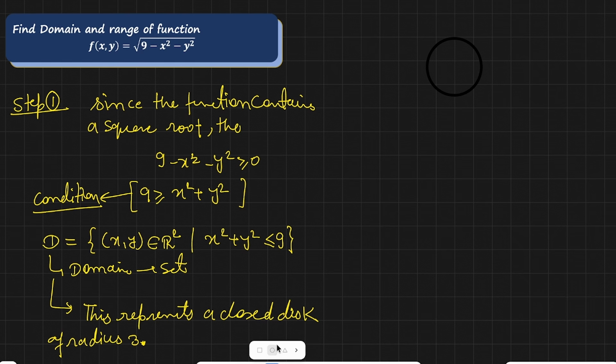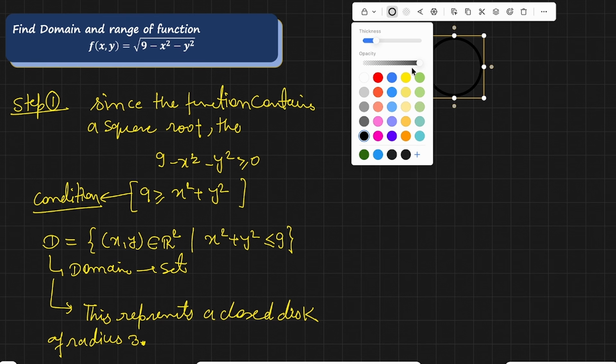Okay, I think it is not visible, let me change the color. Yes, so let's say this is the disk.